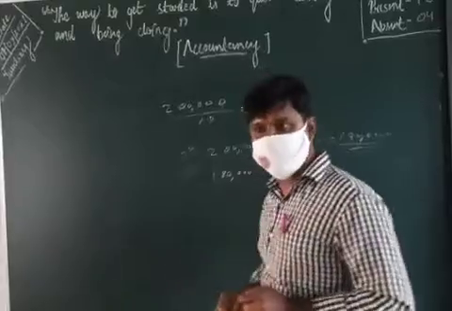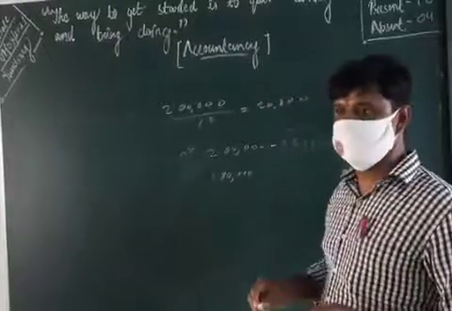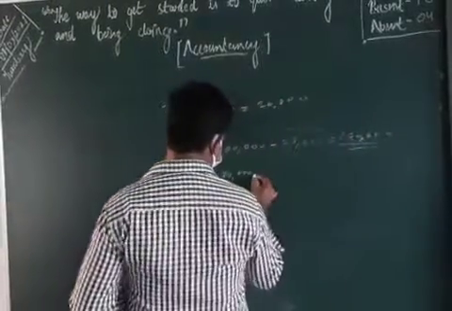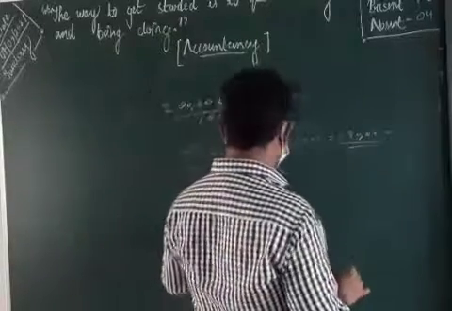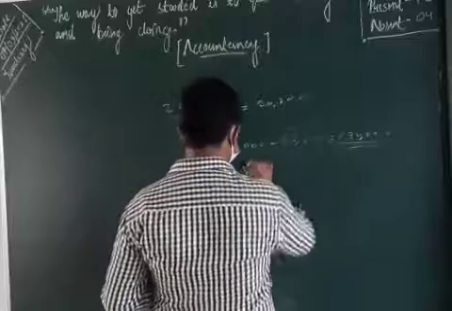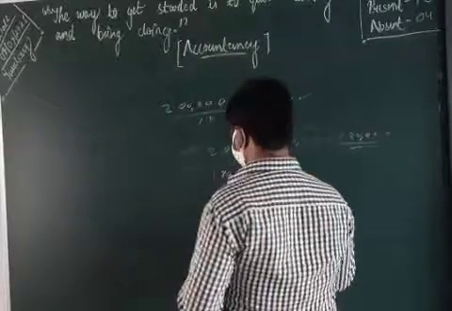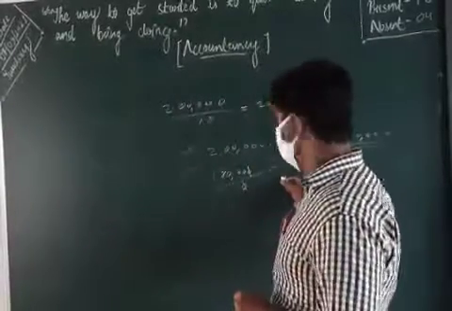Then what do we need to find out? Not 20,000; 10% of 1,80,000. How much is that? 18,000.